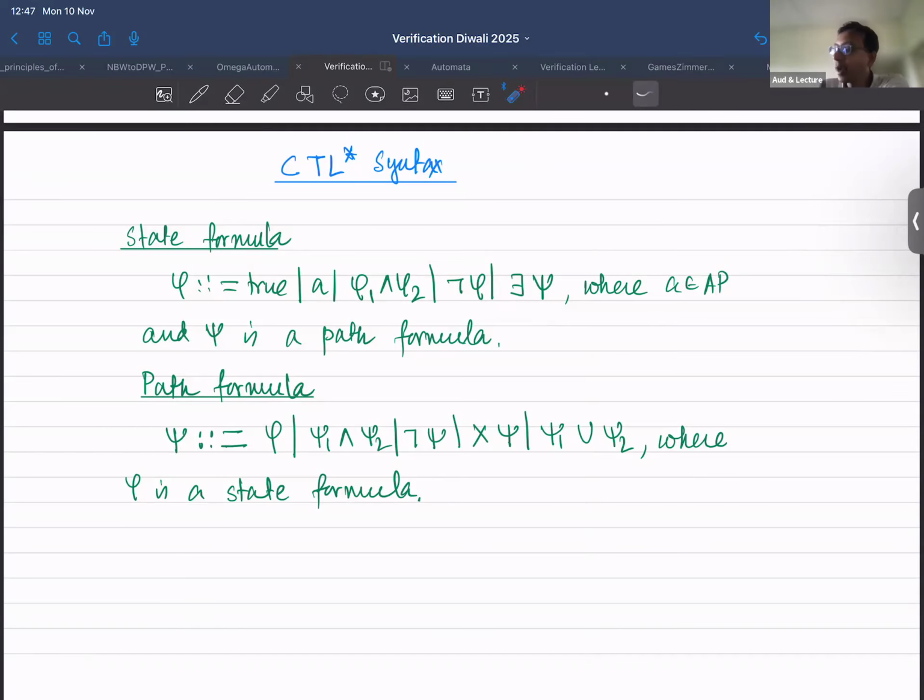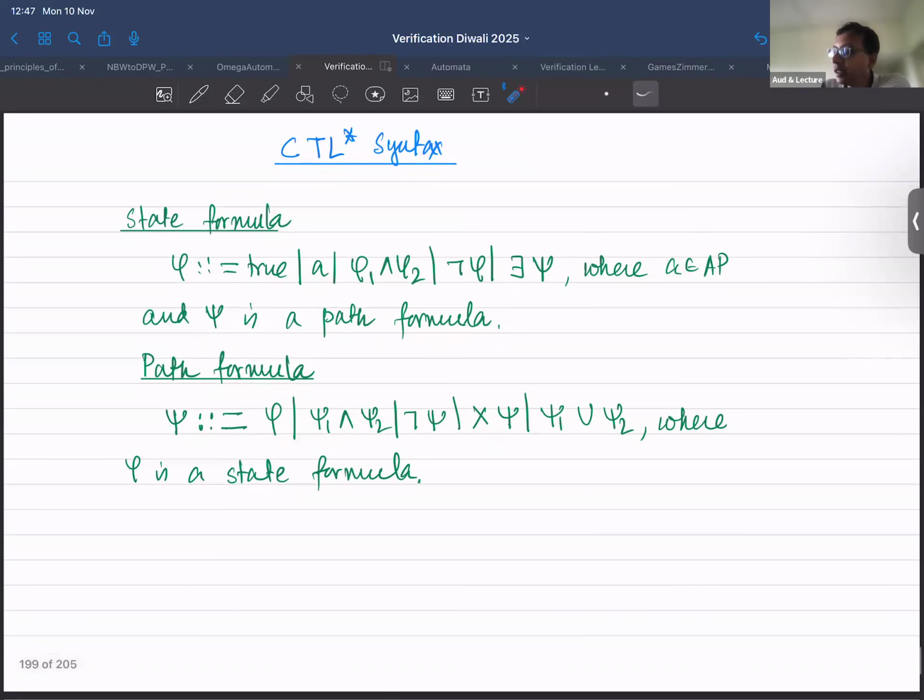And the path formula here, you see, has many changes in the sense that we allow negation on the path formula, and in fact a path formula can also be a state formula in itself. So what happens in this case? Suppose you have there exists psi, and the psi can be replaced with a phi.